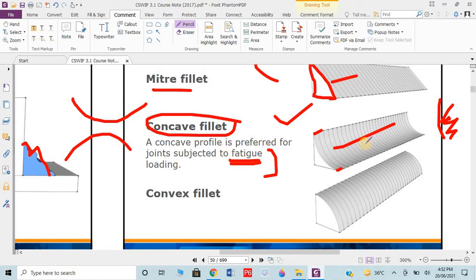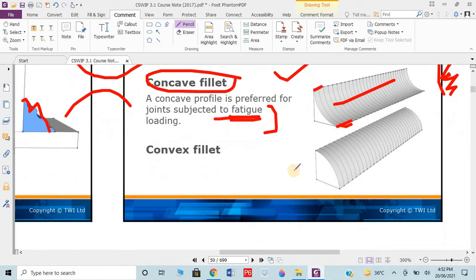If we perform the concave fillet on that point, then it will bear the fatigue loading, that is cyclic loading, repeated loading, right? Remember this one, for fatigue loading, concave fillet is important. Then we have convex fillet. Convex is if the throat thickness is excessive and outside, this is known as convex fillet.